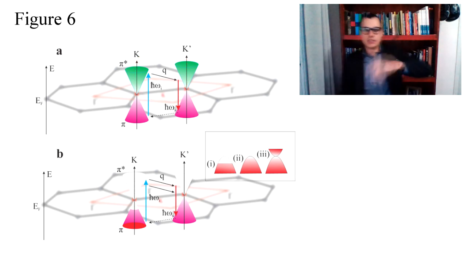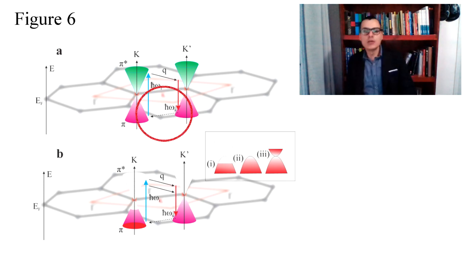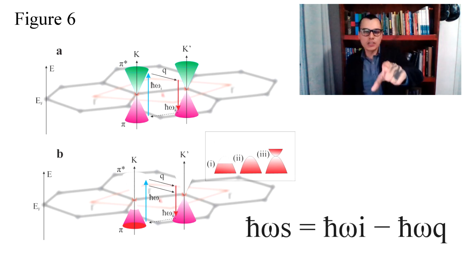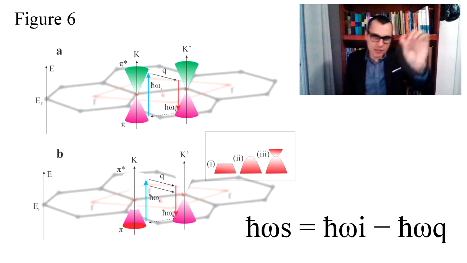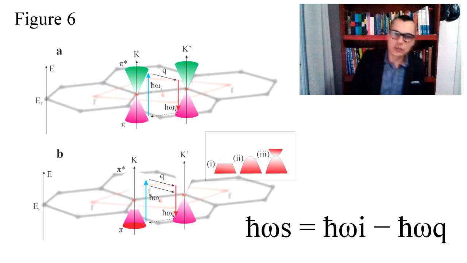After that, the electron is inelastically scattered by the defect, the dashed arrow, and recombines with the hole, giving rise to a photon exiting the graphene layer with energy represented by the equation shown in this slide. Or, in other words, the red arrow represents the output photon energy.